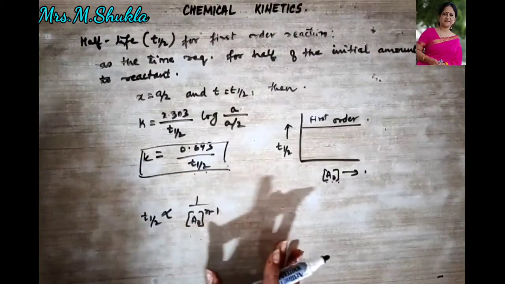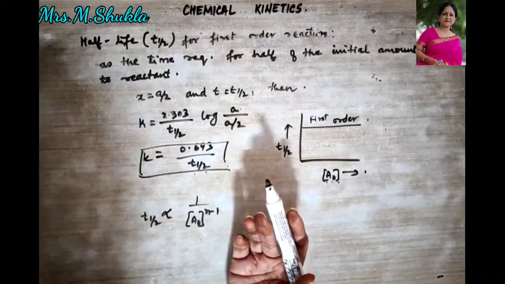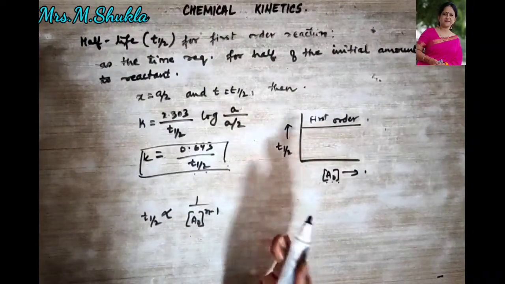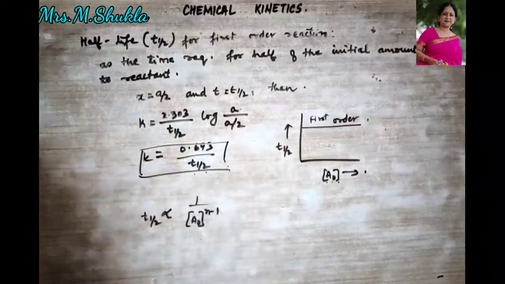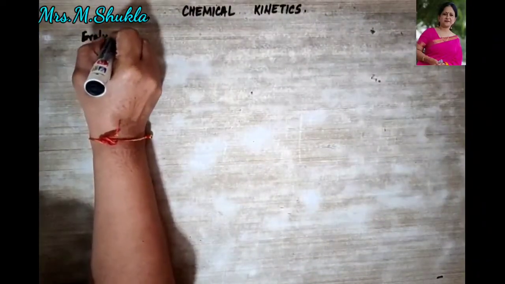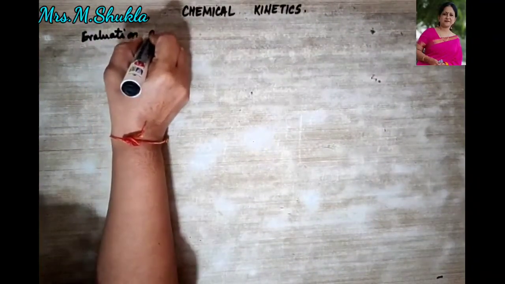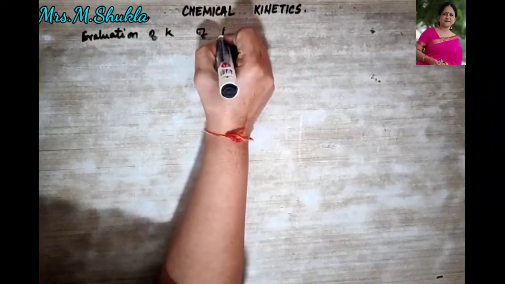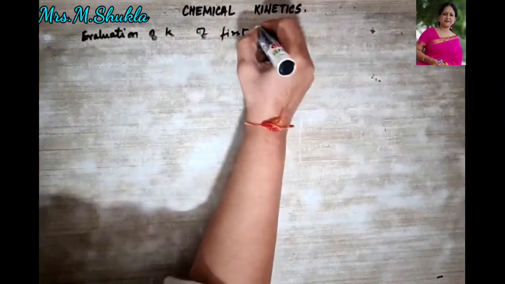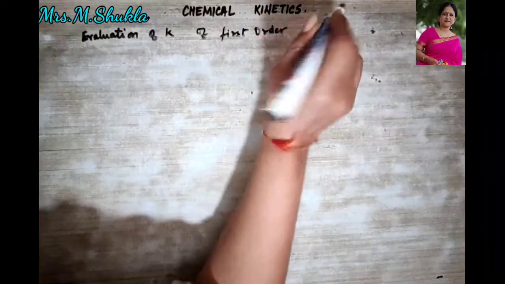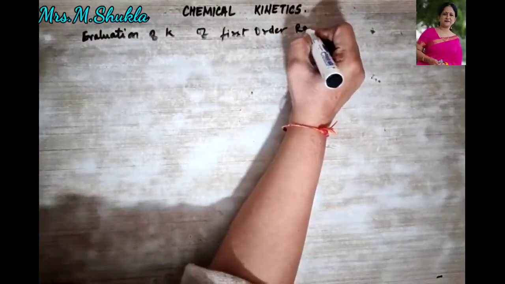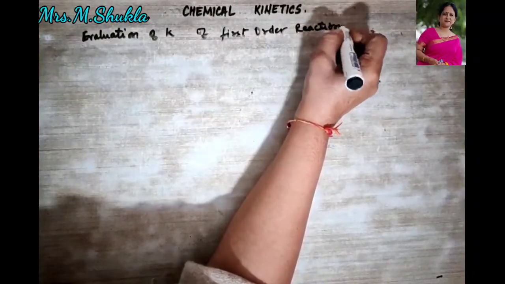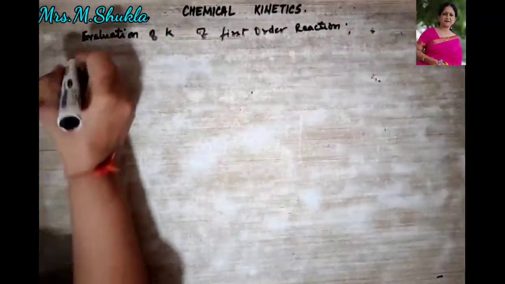Now next we move to how to evaluate the rate constant of a first order reaction. There are different methods.